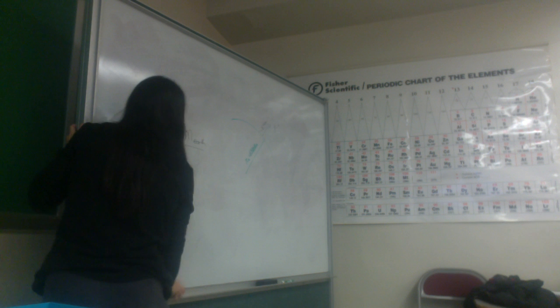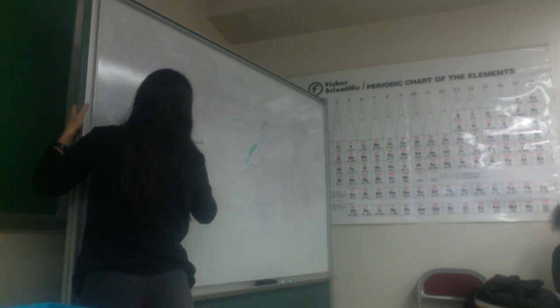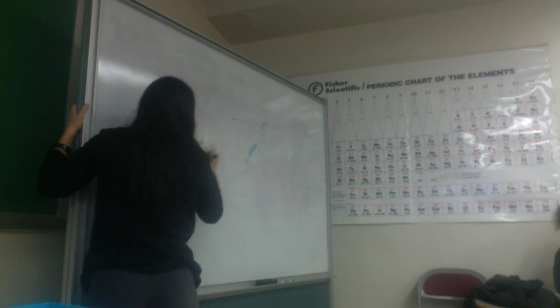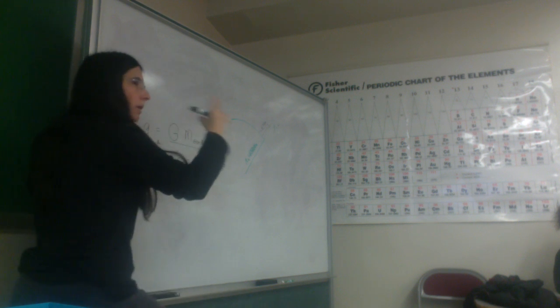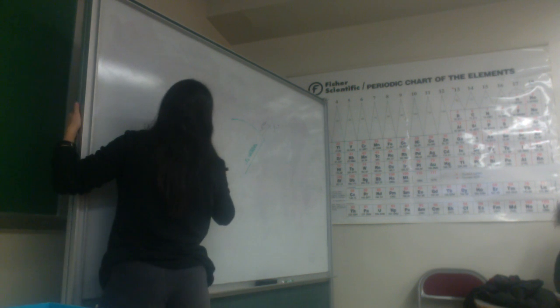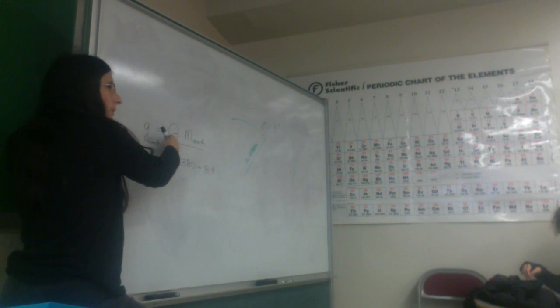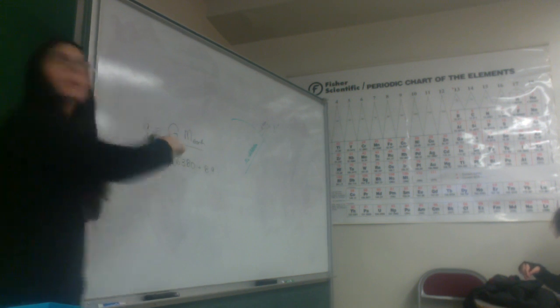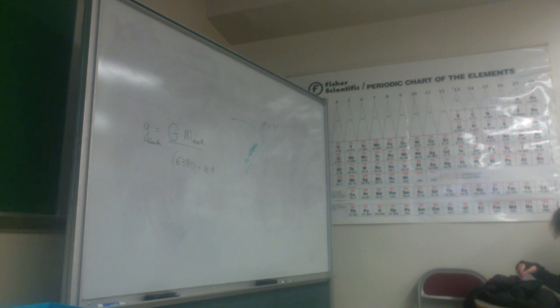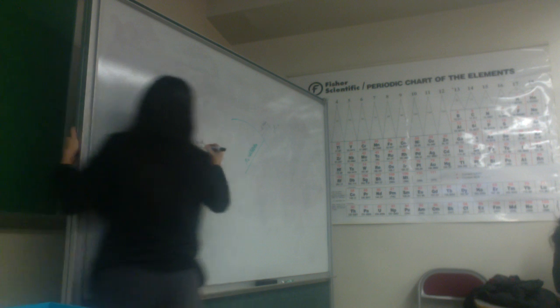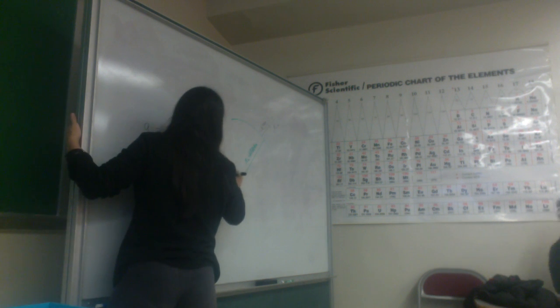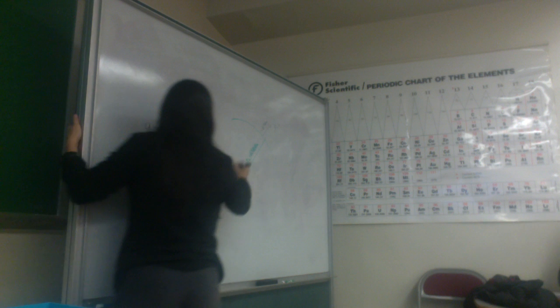Now I'm going to put the radius of Earth, which is 6,380, plus the height of the Everest. Now all this I should put in meters, because if I'm using the big G in the units, you see here the units is meter and Newton, so I will put meters. So 10 to 3, all this.